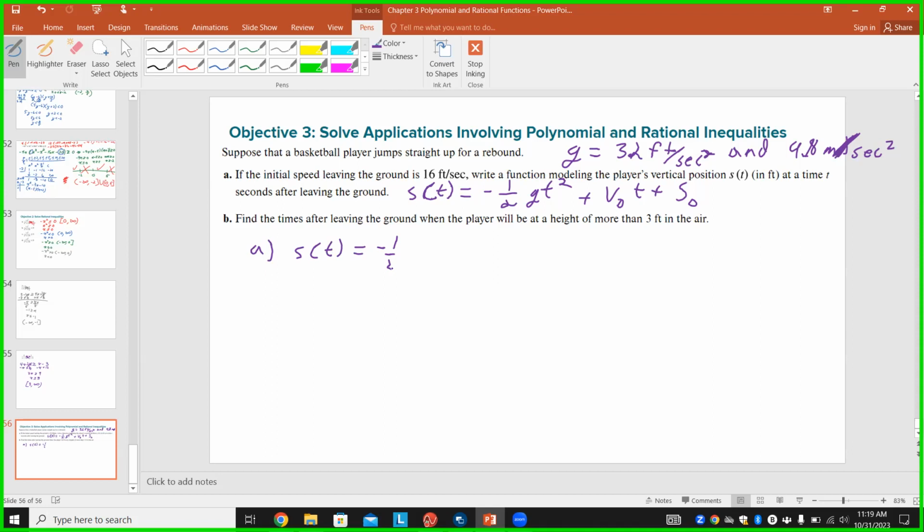Very good. Since my unit is in feet, I would use 32 times my time, which I don't know, so that's just going to be t squared, plus my initial velocity. So what's the initial speed? Speed's the same thing as velocity. 16. So it's going to be plus 16, right?